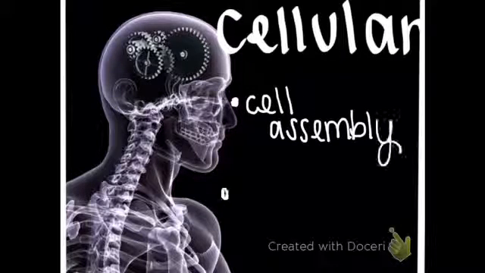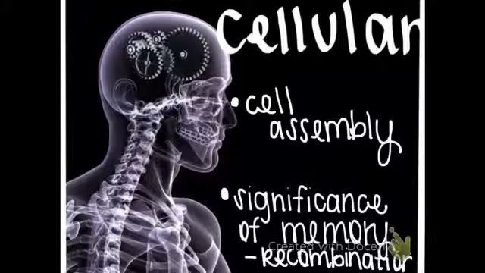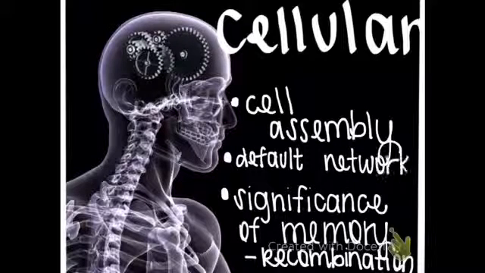Okay, so we talked about imagination on the cellular level, and one of the things we talked about was the cell assembly, which is the major belief of how imagination works at the moment.